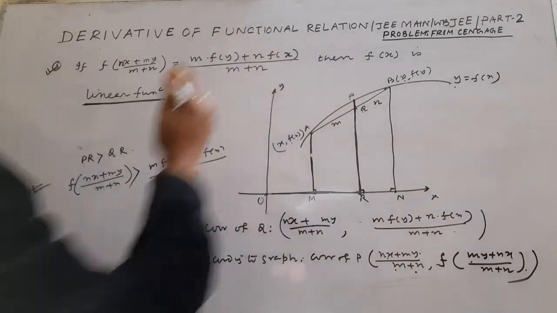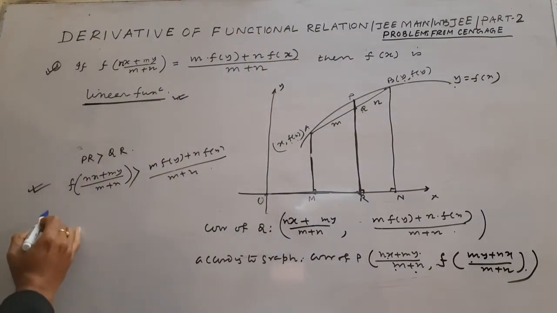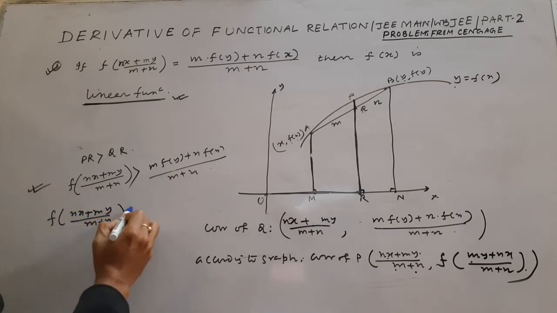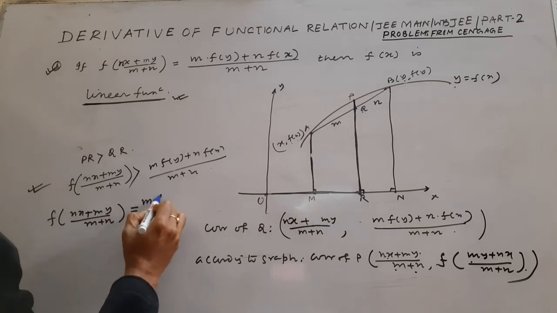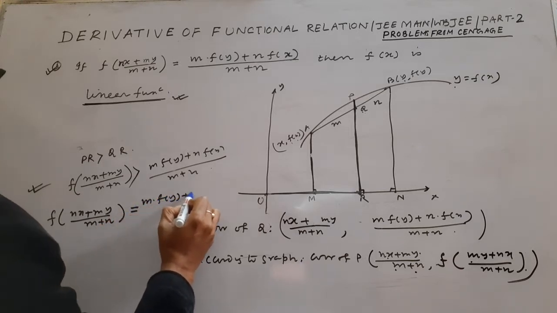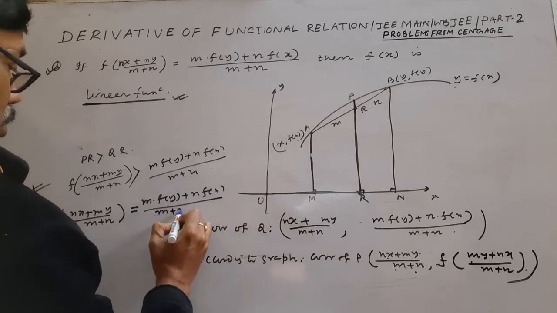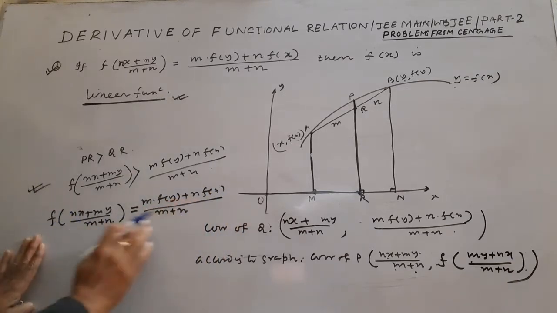Now according to the condition, it is given that f((nx + my)/(m + n)) equals (m f(y) + n f(x))/(m + n).